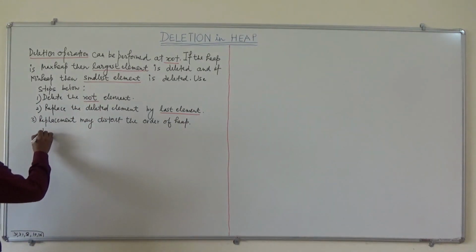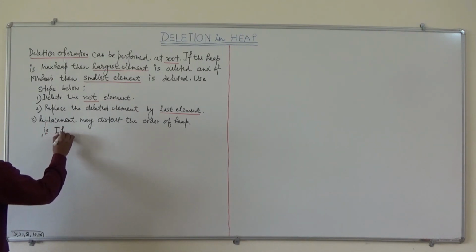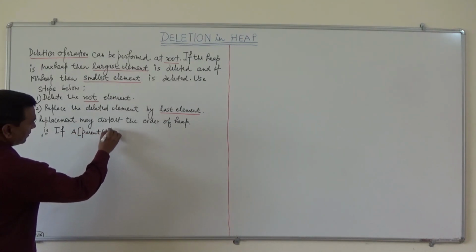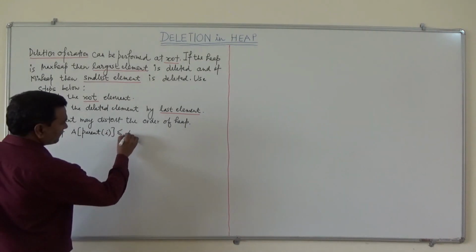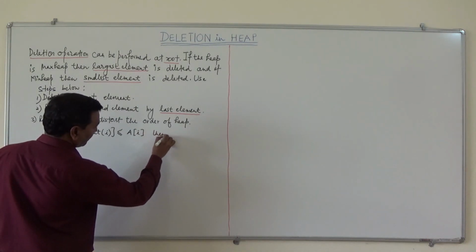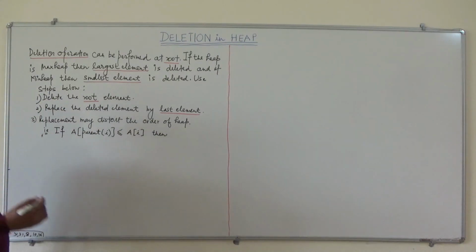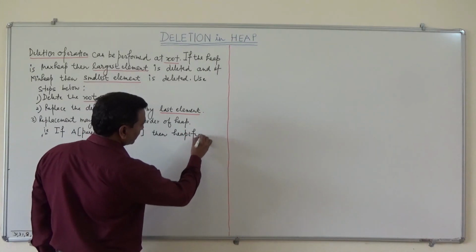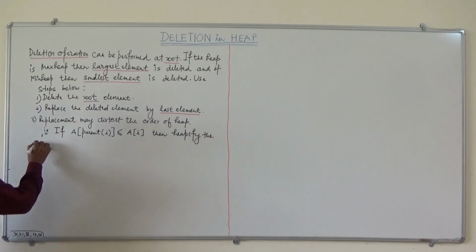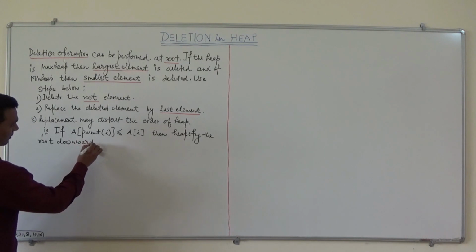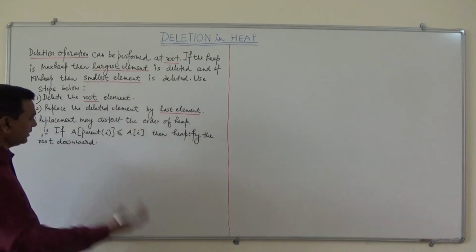So if the value of parent node is less than or equal to its children, then in this case we will heapify the root downward to restore the property of the heap.